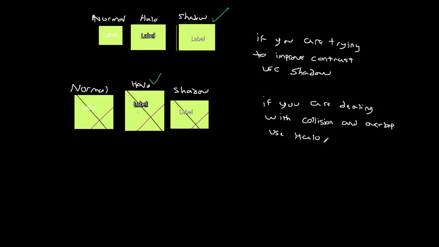Now, one final piece of advice when it comes to shadows and halos is actually don't use them. More specifically, I should say use them sparingly. Right, because we can see just in these very small, simplistic examples just how much, especially halo, elevates that label in the visual hierarchy of the little mini map that we've made for ourselves here.